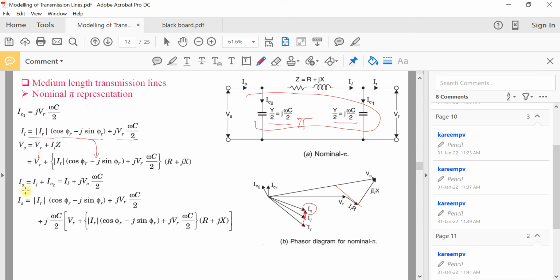And IL can be substituted with this expression, IR into cos phi R minus j sin phi R, plus j omega C by 2 times the expression for Vs. We have an expression for Vs in terms of VR and IR. So the whole expression is the representation for Is. So we have obtained the two relations which represent Vs and Is in terms of VR and IR.